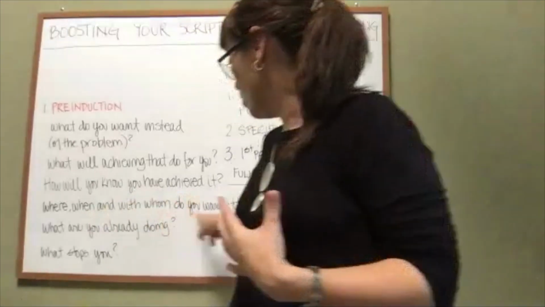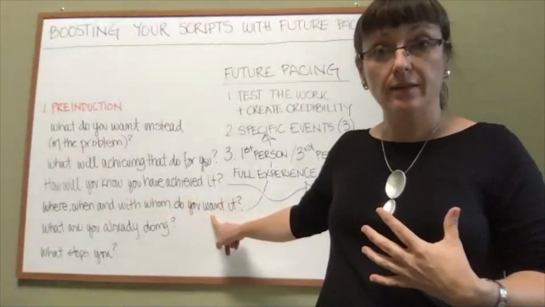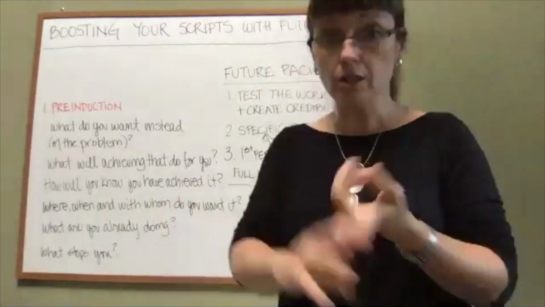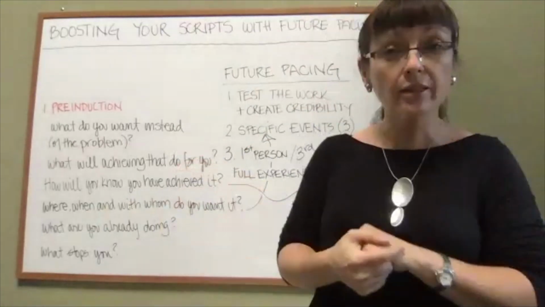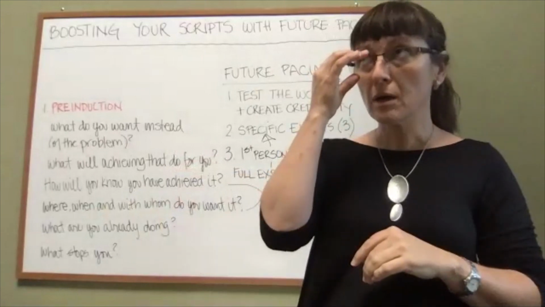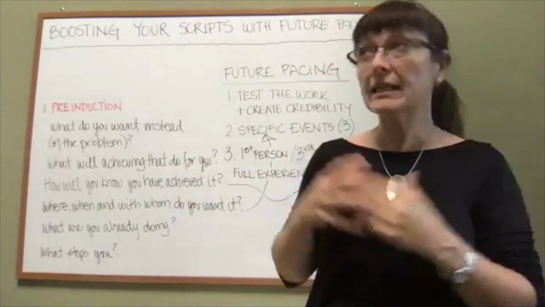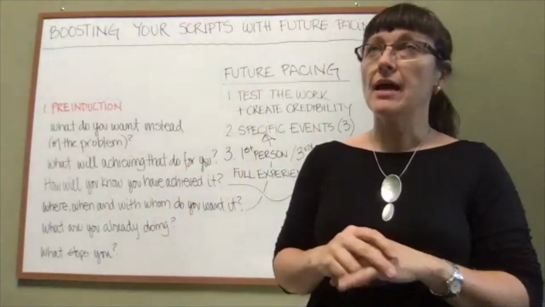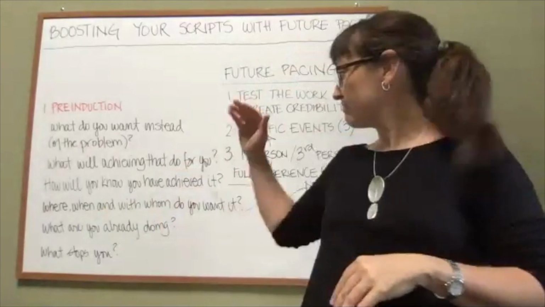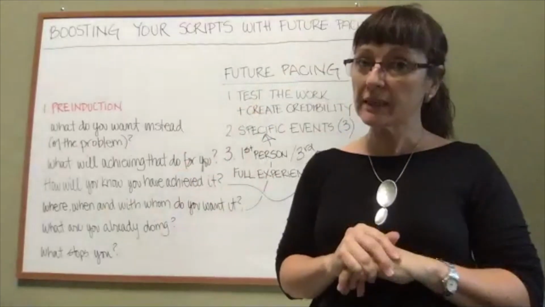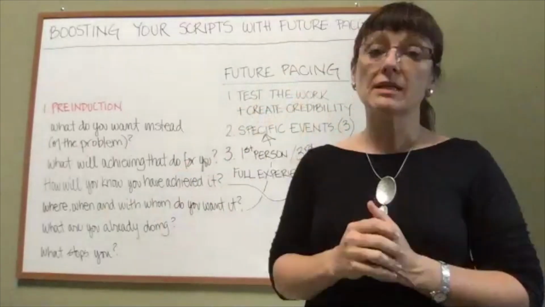And then with whom do you want it? And so this client, she talked about the boss, she talked about her husband, and perhaps when you start asking her, she might also say, my doctor, I have an autoimmune disease, and anytime I go to my doctor, again, I fall into that little girl, I can't say my opinion, even though I don't agree with what my doctor's told me.